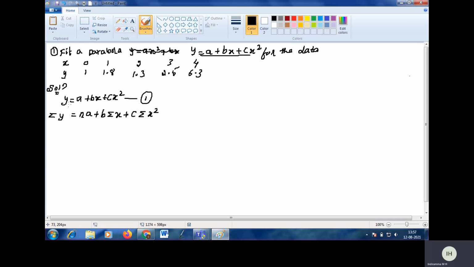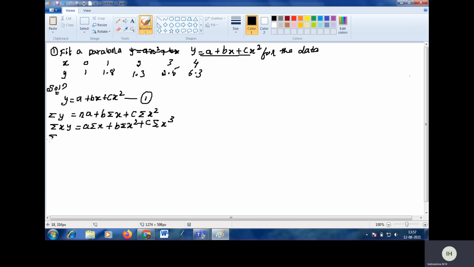To write the second normal equation, multiply equation 1 both sides by x and then take the summation. Summation of xy is equal to a into summation of x plus b into summation of x square plus c into summation of x cube.